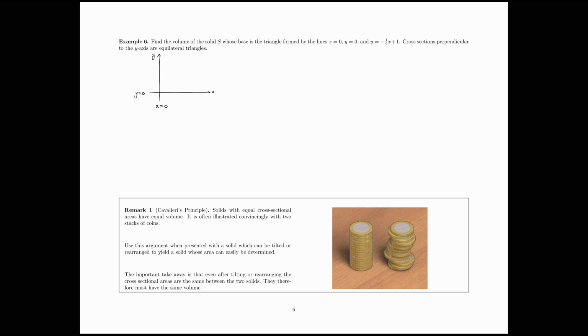And then we have y equals negative 1 half x plus 1, so it's a line with a negative slope and a y-intercept of 1, so this would look something like this. If this is a slope of negative a half, then this x-intercept would have to be x equals 2.